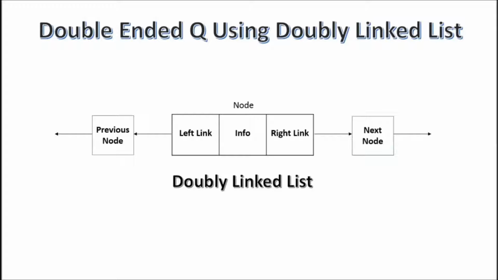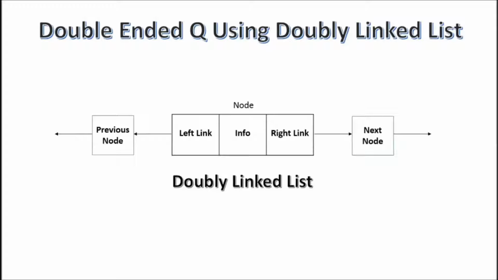So a doubly linked list is a linked list in which each node has two link fields. A single linked list has a single link field; a doubly linked list has double link fields. So when we talk about a doubly linked list, one node contains one information field, one left link and one right link.